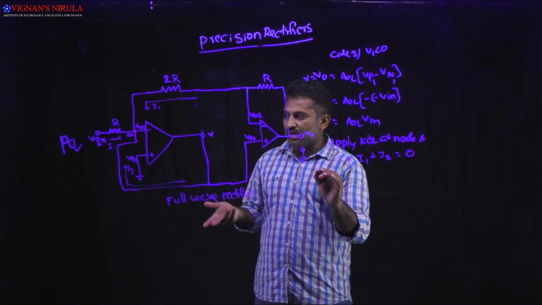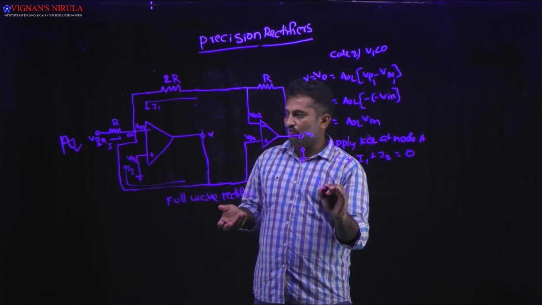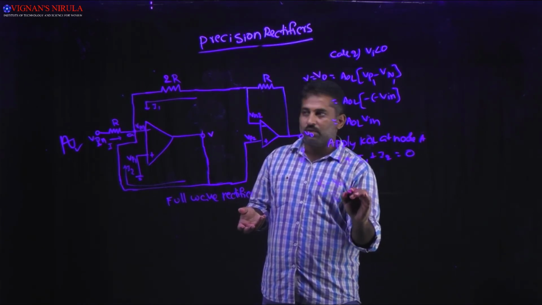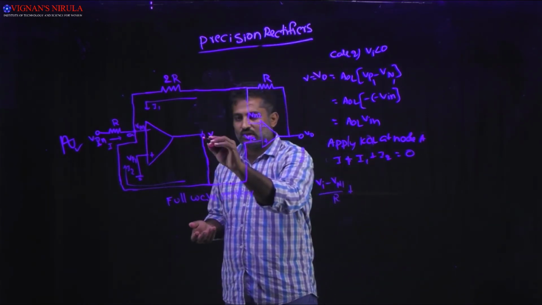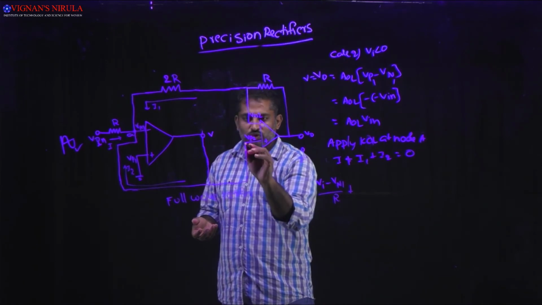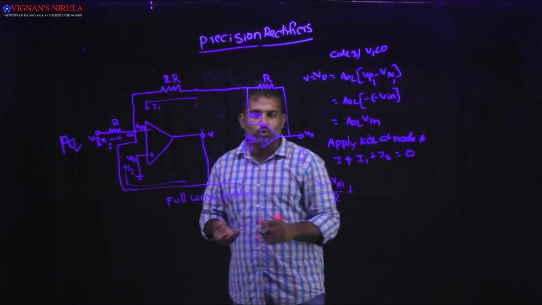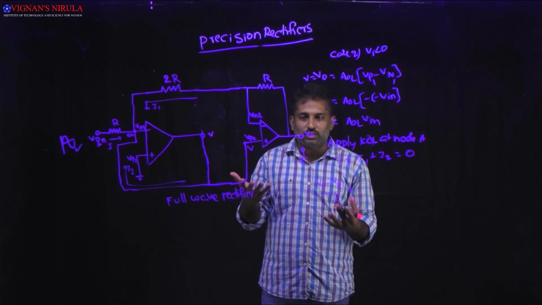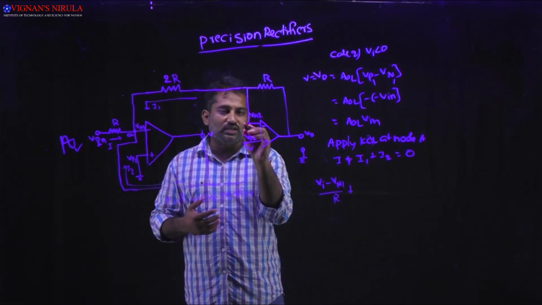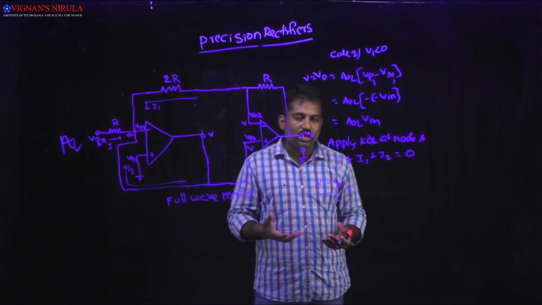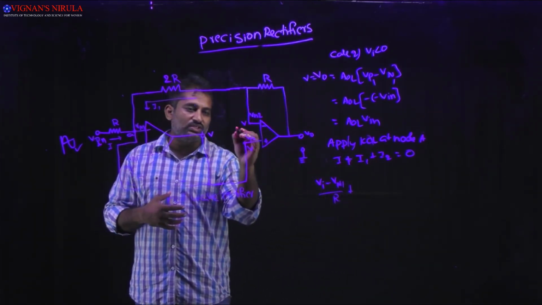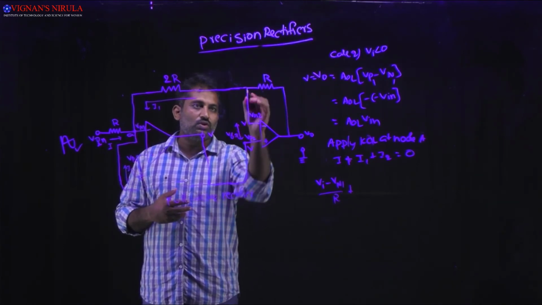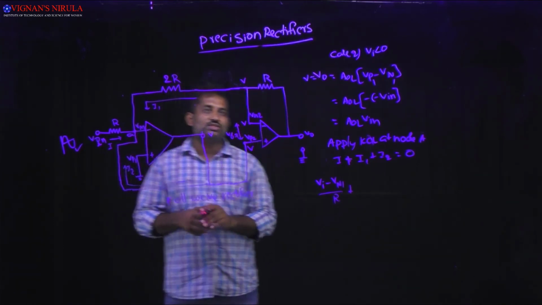First, I is equal to Vi minus Vn1 divided by R. I1 is from here to here, and this is the voltage V applied at Vp2, the positive terminal of the op-amp A2. According to the virtual ground concept, the voltage at the negative terminal is also V, and the difference voltage Vd is 0. So here also the voltage is V.